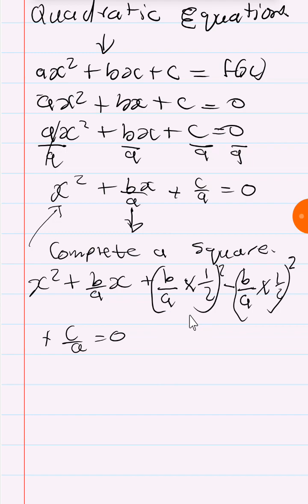Now you can see that from this equation we did nothing at all, because we just added a 0. (b over a times 1 over 2) squared minus (b over a times 1 over 2) squared is the same as 0, because when you subtract these two like terms, you get a 0. So we did nothing to this equation.